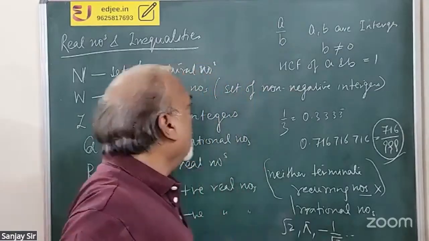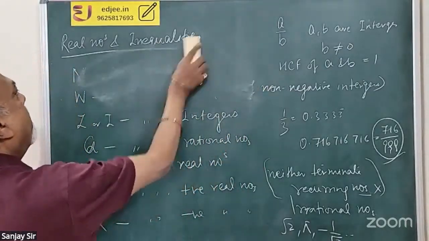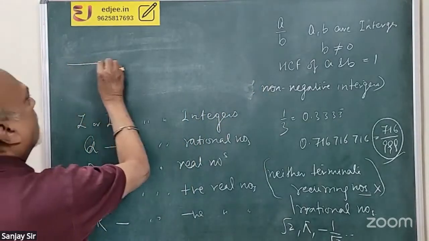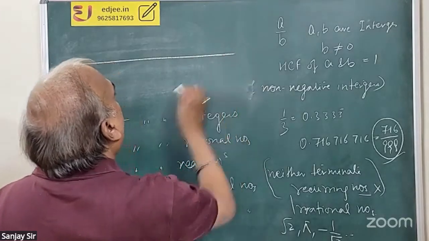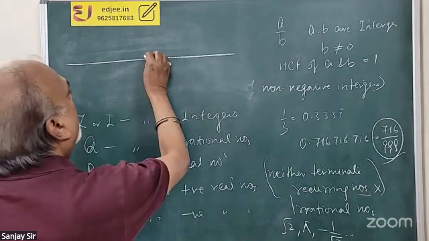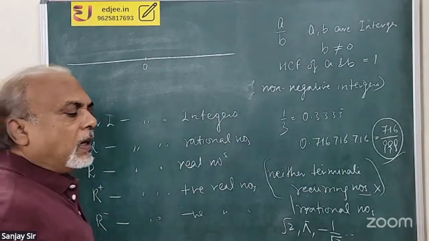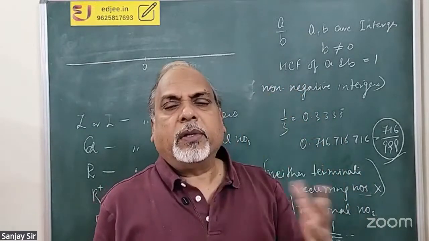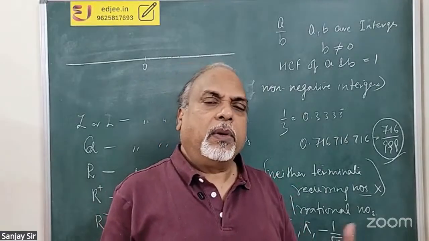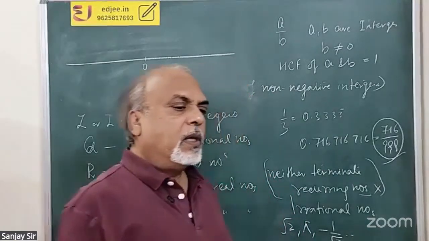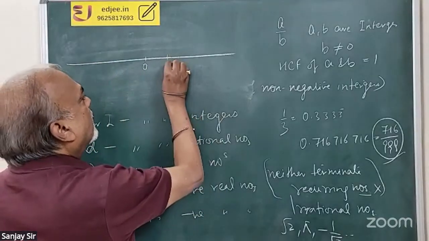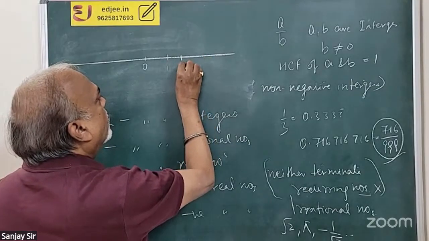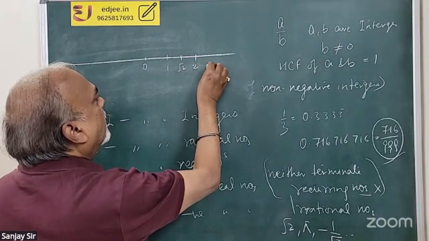Now, you see, what is this? This is a number line. In this number line, we can express all the real numbers, means rational numbers as well as irrational numbers, integers, natural numbers, all these things we can express. Like 1, this will be, of course, root 2, this will be 2, like that.